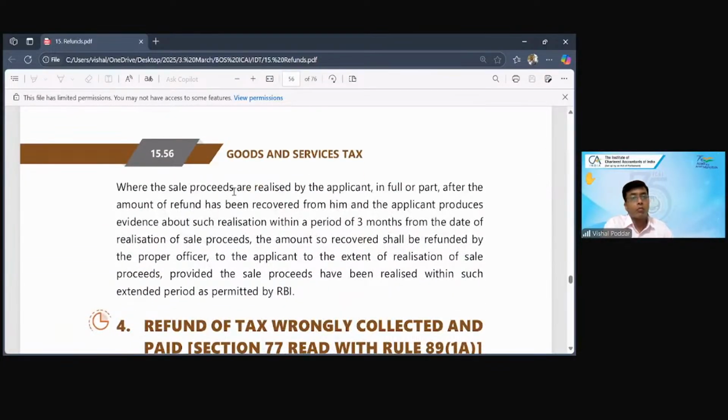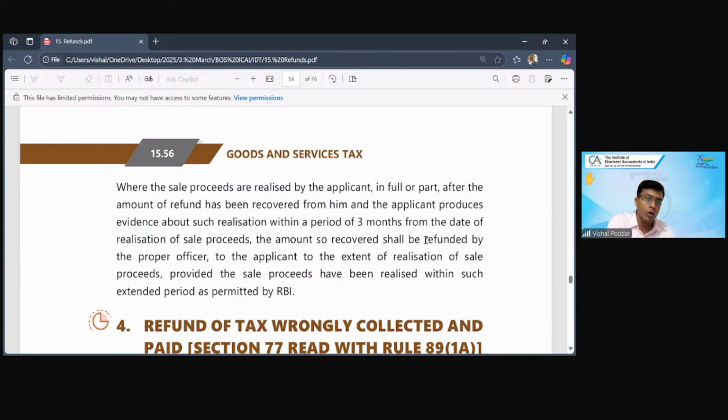Now, where the sale proceeds are ultimately realized. Today they are not realized, the FEMA time limit is over, but they are realized subsequently, either in full or in part, after the amount of refund has been recovered. Since it was not realized within the FEMA time limit, you returned the refund along with interest. Now, subsequently, this amount is realized, and the applicant produces the evidence of such realization within a period of 3 months from the date of realization.